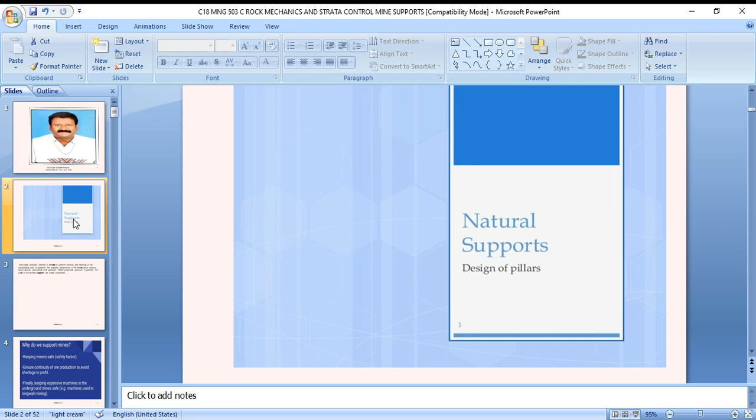Generally, the design of pillars, the natural supports, will be as per the Bieniawski equation, the strength of pillar and the tributary concept, with development activities going on.